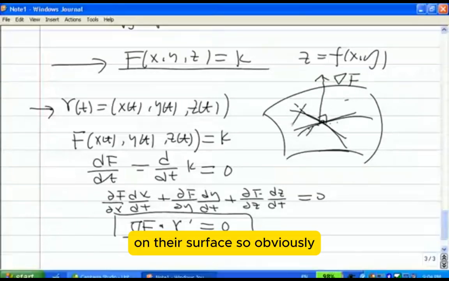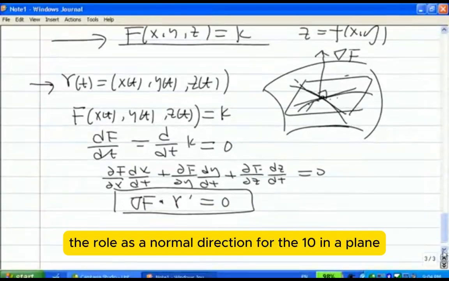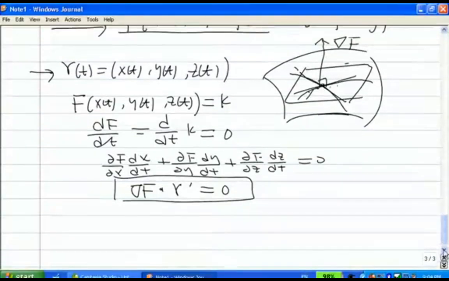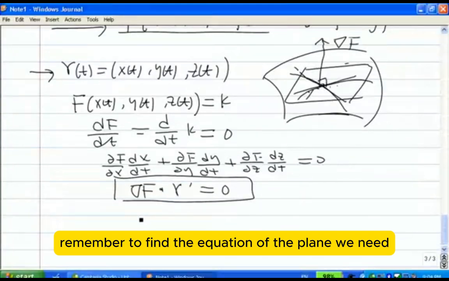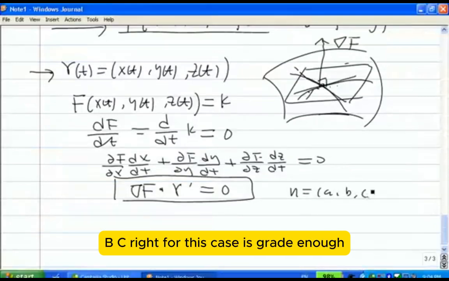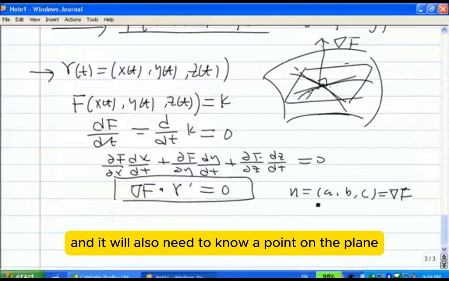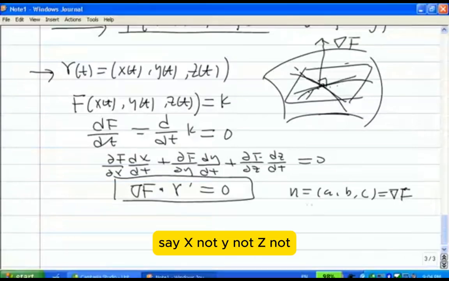So obviously that gradient F can play the role of a normal direction for the tangent plane. Therefore, remember, to find the equation of the plane, we need to know what? N, which is (A, B, C). In this case, it is gradient F.